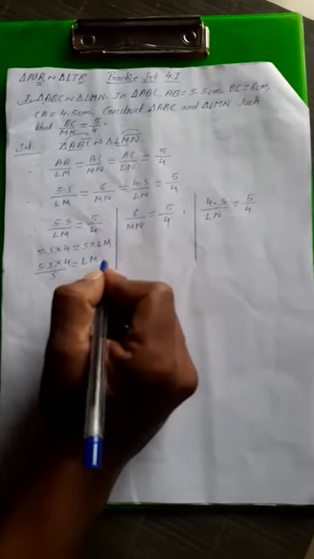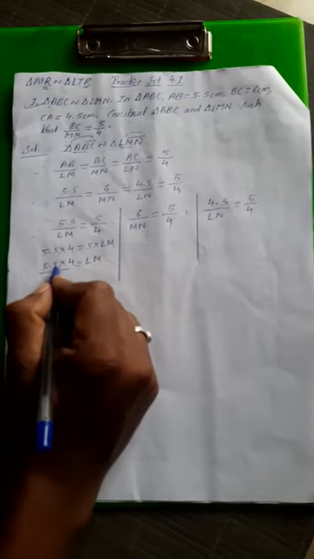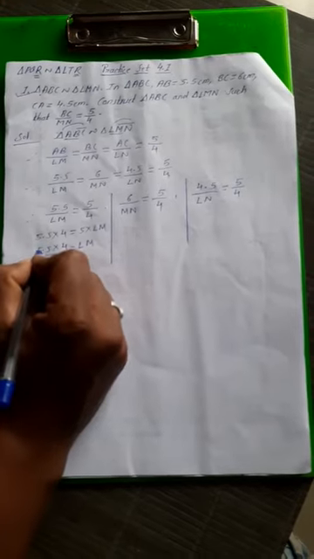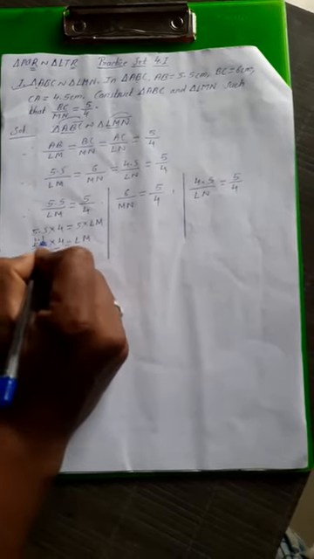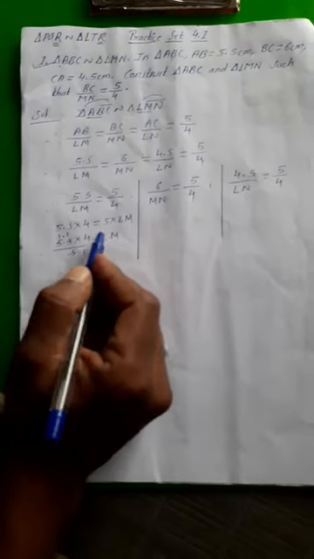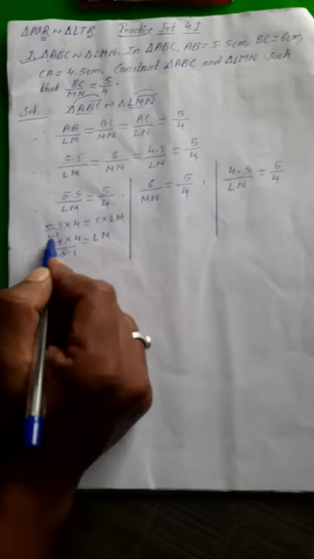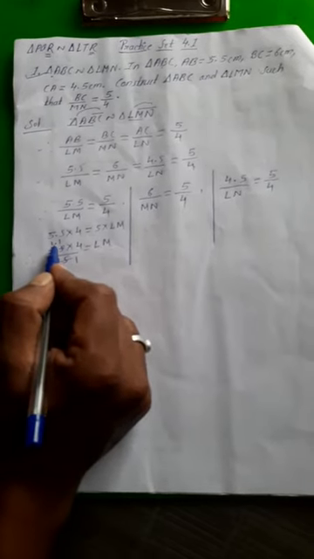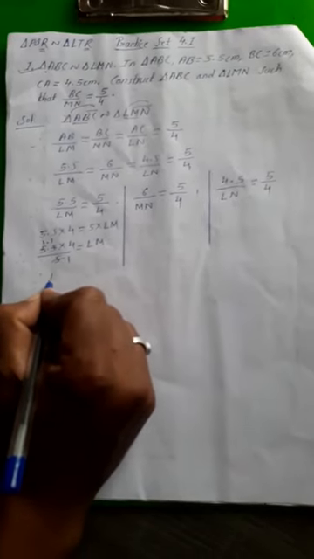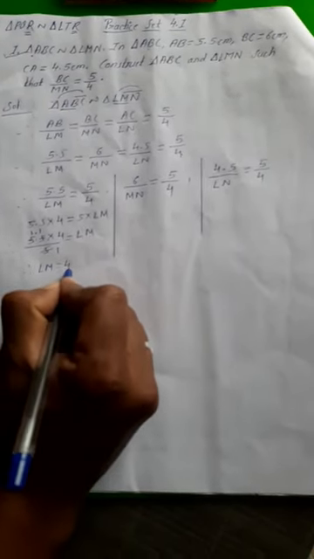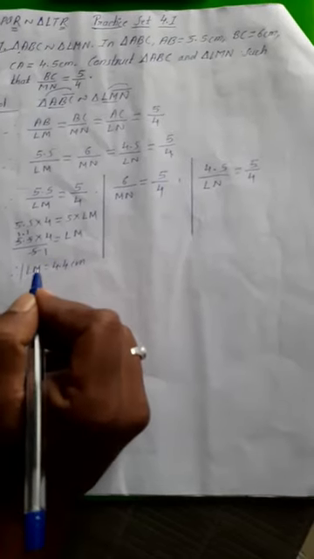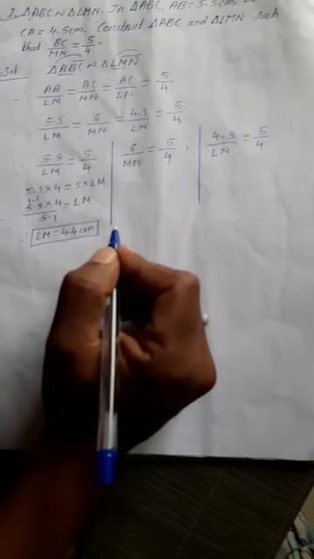So LM is equal to 5.5 into 4 upon 5. 5 ones are 5, 5 ones are 5. If you remove the point, we get 11. 11 fours are 44. Therefore LM is equal to 4.4, as there is one decimal point.